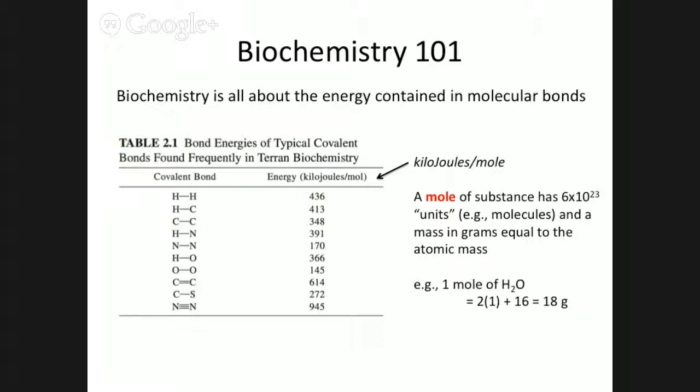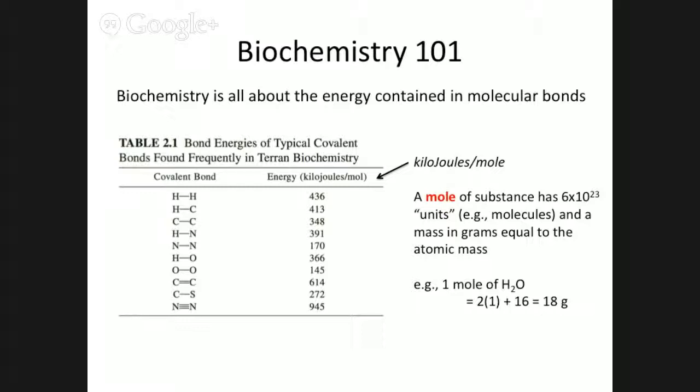Oxygen is 8 protons, 8 neutrons, so that's an atomic mass of 16. Add these all up, you get 18 because there are 2 hydrogens. That's the atomic mass of the molecule, but it's also the physical mass in grams of a mole of water, right? So this is just a conversion factor. This is probably super simple, but I just want to make sure we're on the same page.